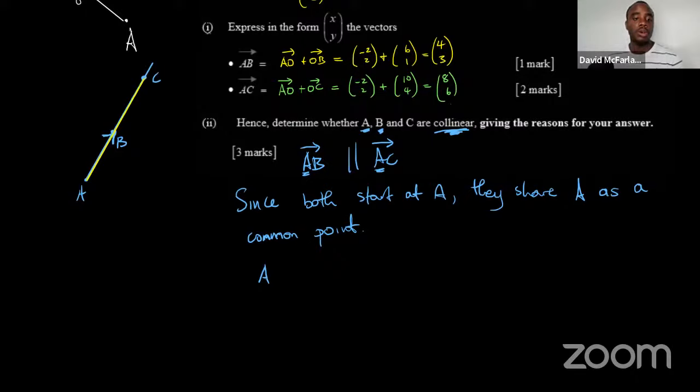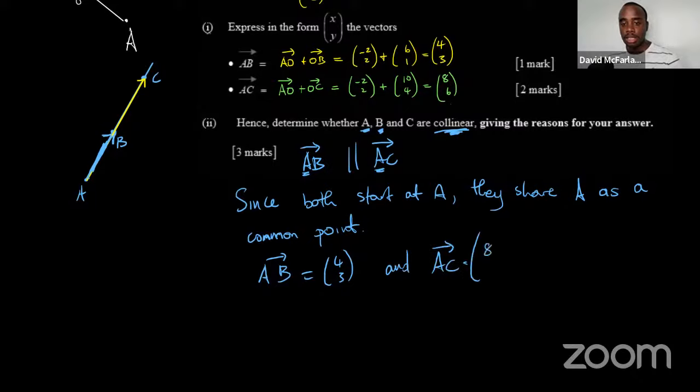That's what you want to show. All right? So AB is the blue one, and AC is the yellow one. So now, let's take AB, which is 4, 3. And let's take AC, which is 8, 6.